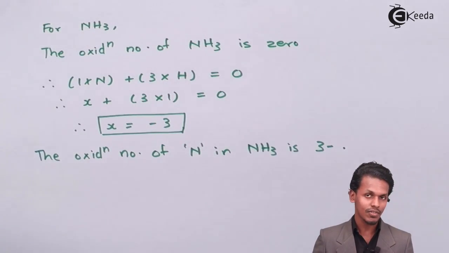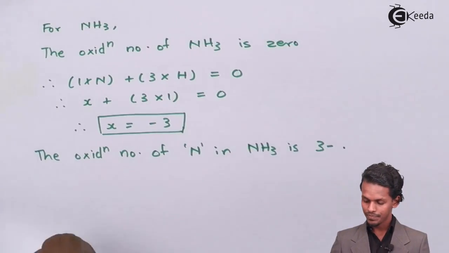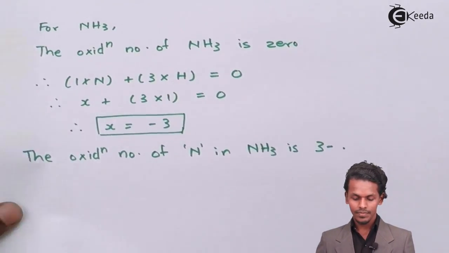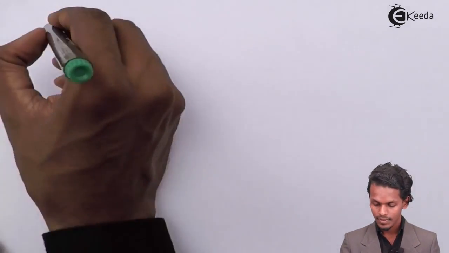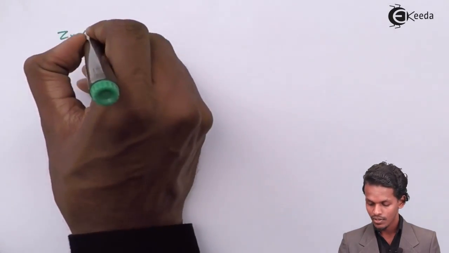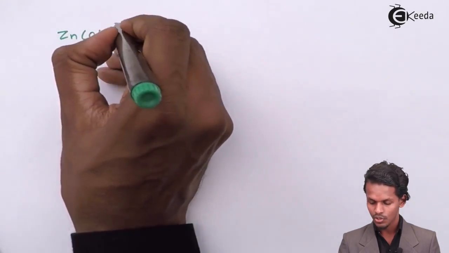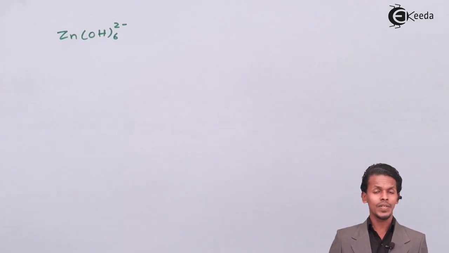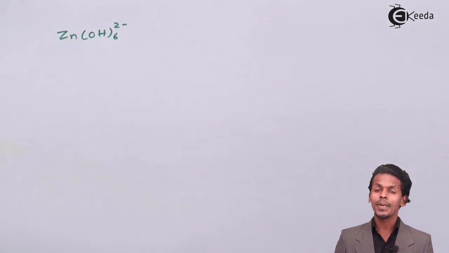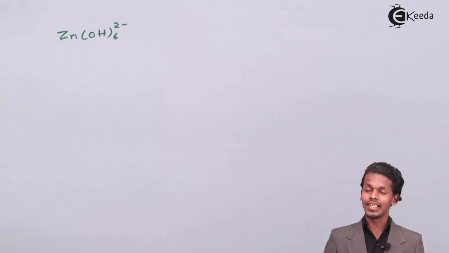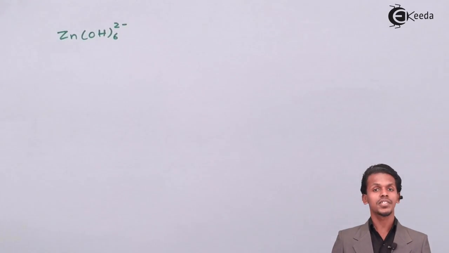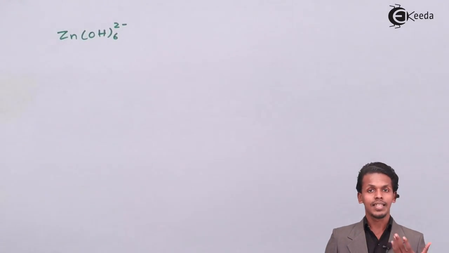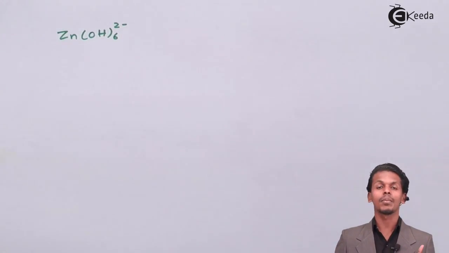Now the second product is also remaining, and the second product is Zn(OH)6 2 minus. For this, we are going to determine the oxidation state of zinc. Let me give a short recap: the oxidation state of OH, that is the hydroxy group, is nothing but -1.